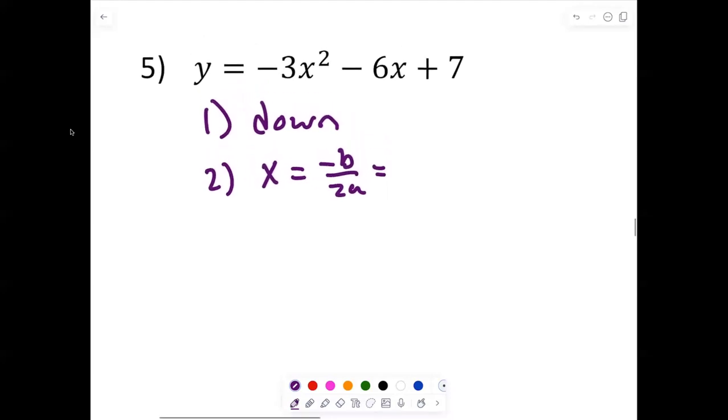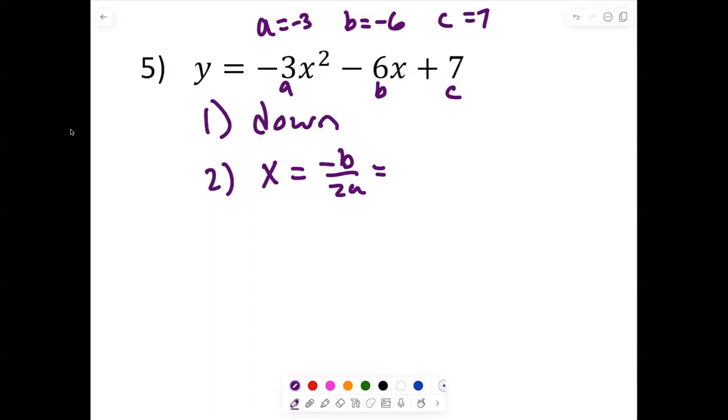That's a. Very good. A is negative 3. What's b? Listen to me. It's A, B, C, girl. They're right in order. A, B. What kind of 6? Right. And C equals 7. You with me on that?